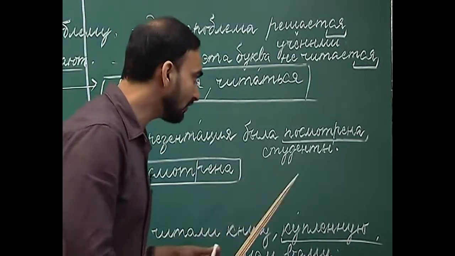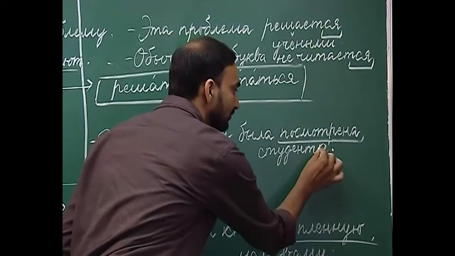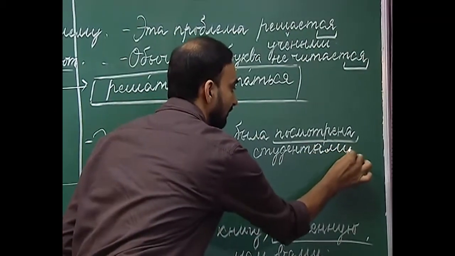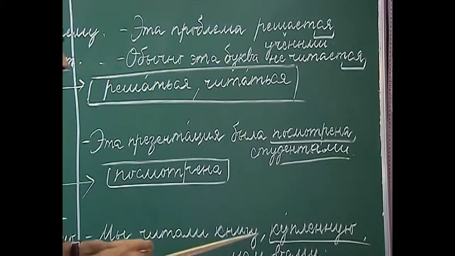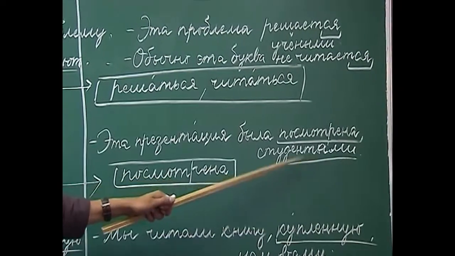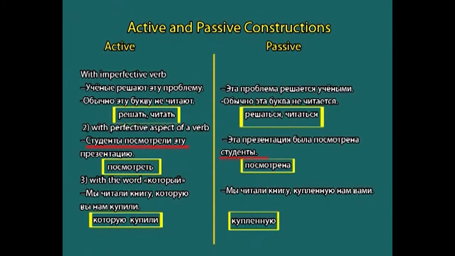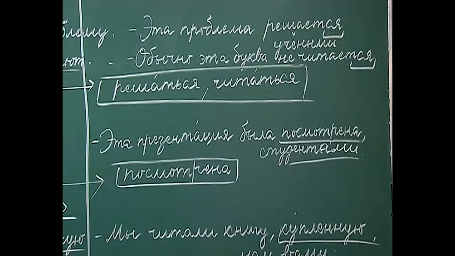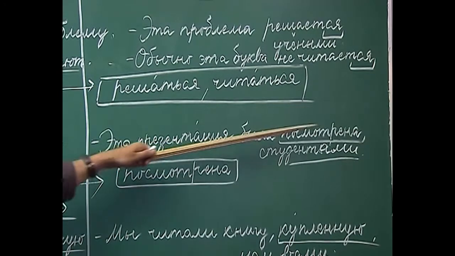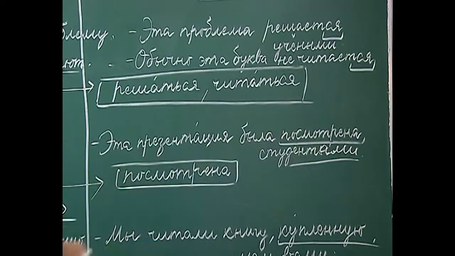Here it will not be studyanti, but studyantami. Why studyantami? We have already discussed: whenever we denote the performer of an action, we put the noun into the instrumental case. So, eta presentatsia bila pasmotrena studyantami.